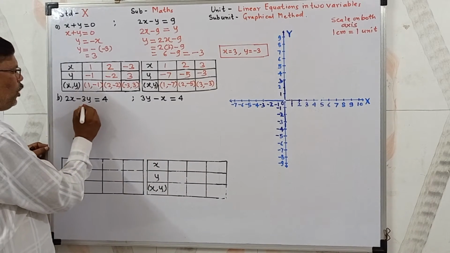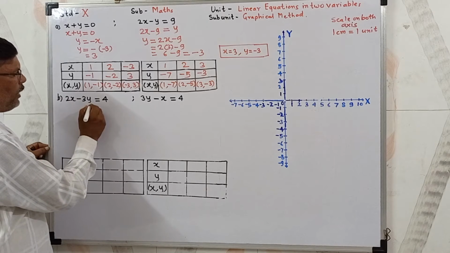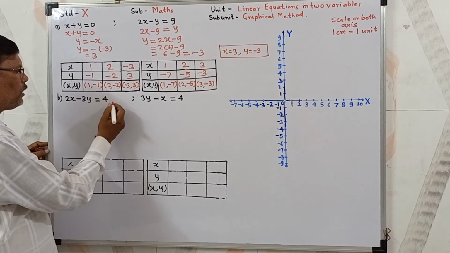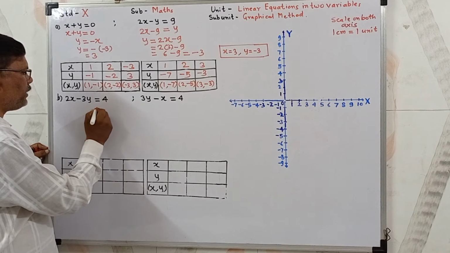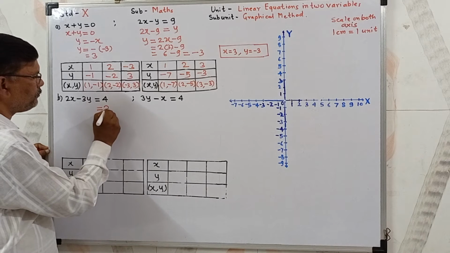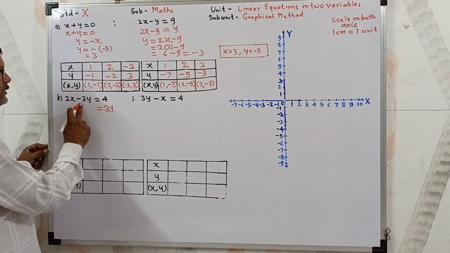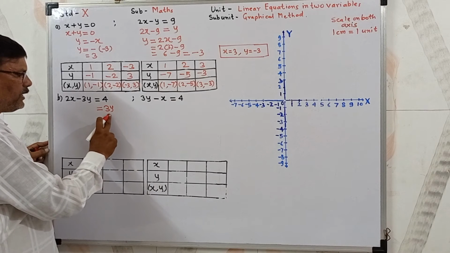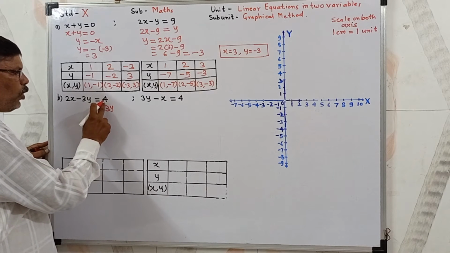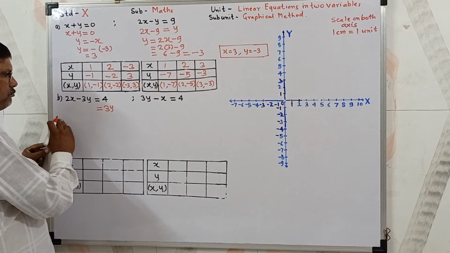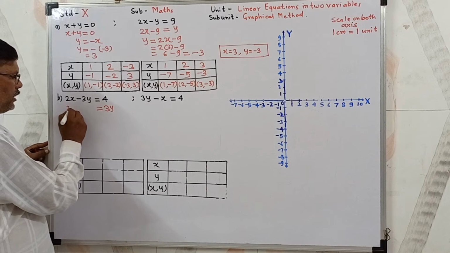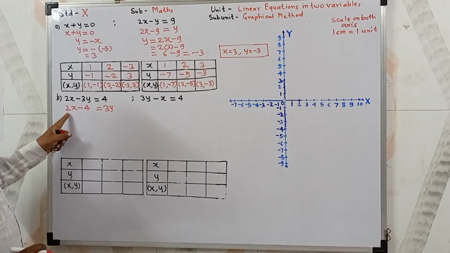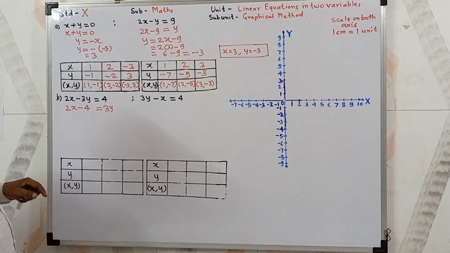So how do we find this? Minus 3y goes to that side, it becomes plus 3y. Listen, minus 3y when it goes to that side becomes plus 3y, and this plus 4 when it comes this side becomes minus 4. Understood? 2x minus 4 is equal to 3y.